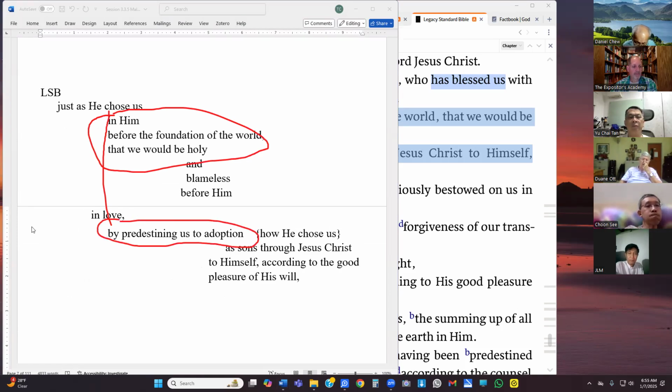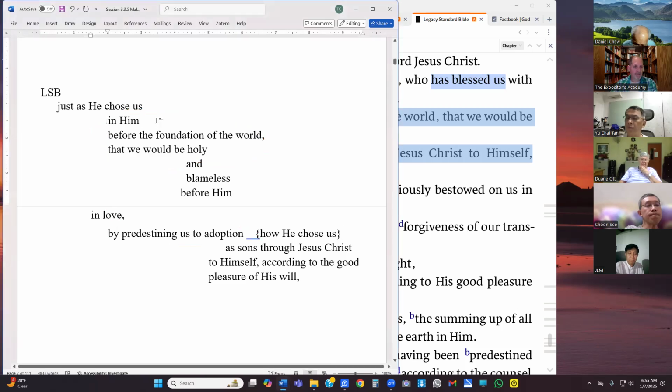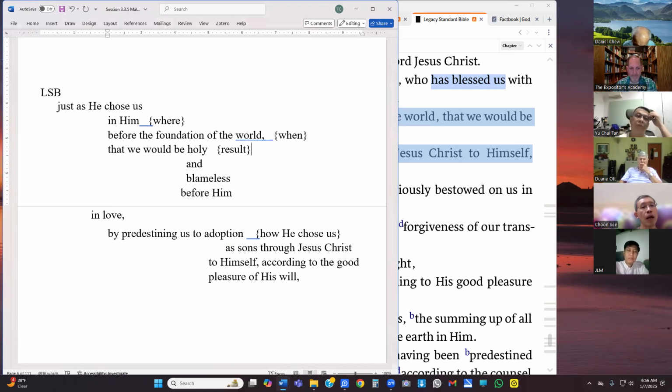In him would be the idea of where, before the foundation of the world is when, and that we would be holy and blameless would be the result.